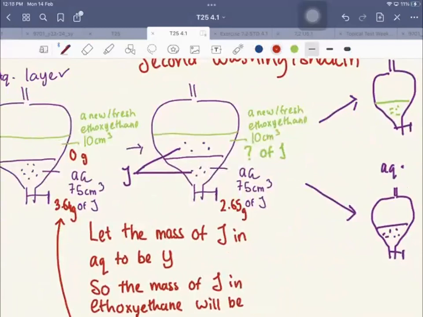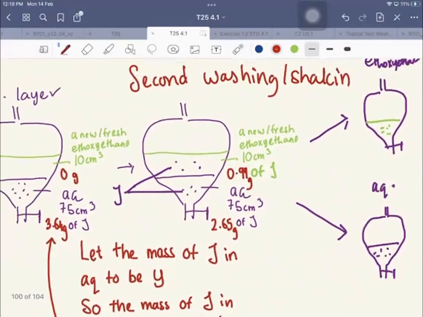And then in ethoxyethane, it would be 3.64 minus 2.65. The answer is 0.99 grams. Then I separate the two layers. I have 0.99 grams here, and here I have 2.65 grams.